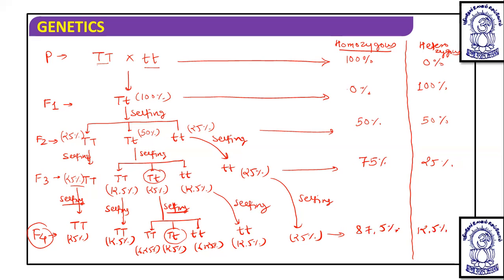This means that from F1 onwards, if we keep on continuing selfing from generation to generation, you will see that homozygosity is increasing from generation to generation, whereas heterozygosity is decreasing. So that is showing exactly how homozygous or pure lines are produced. I hope you understood this in detail.